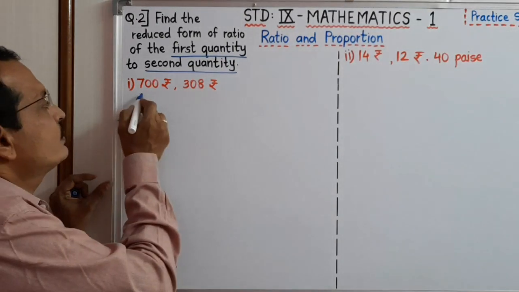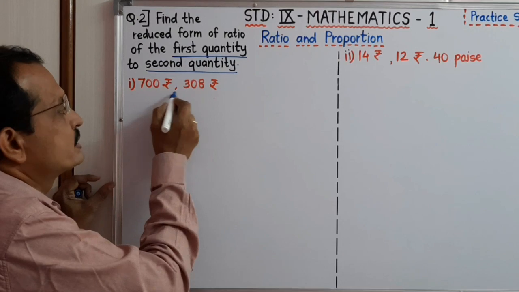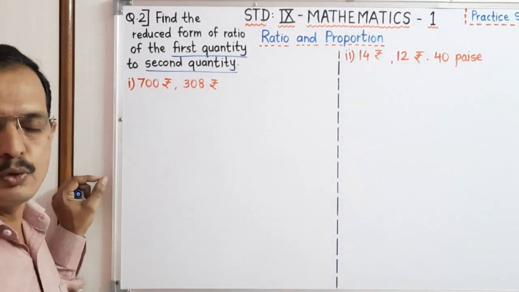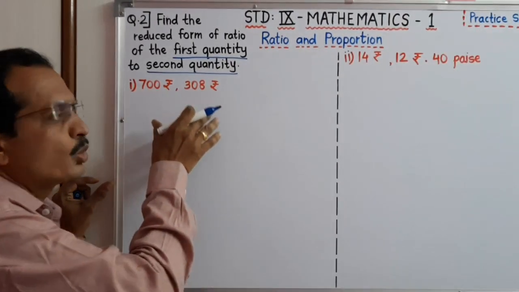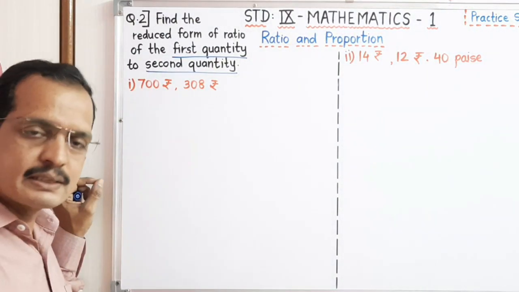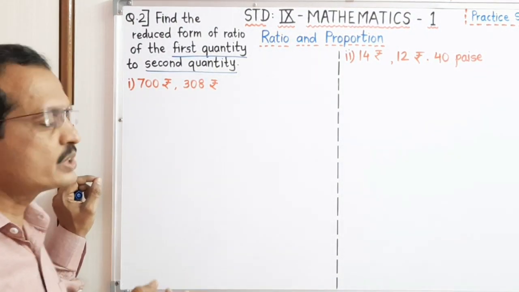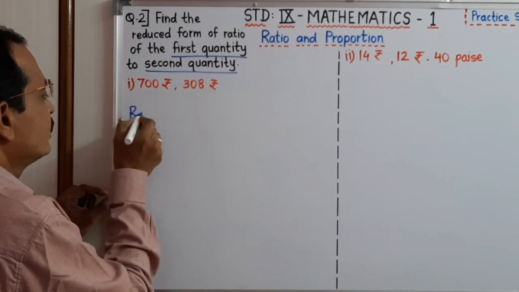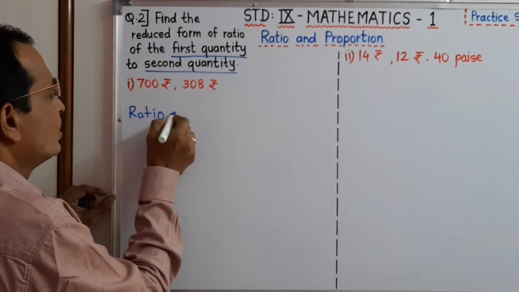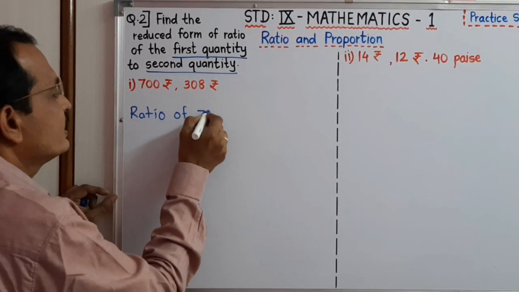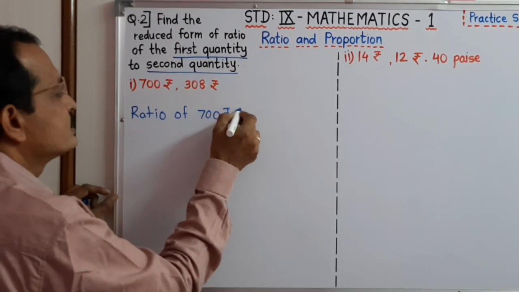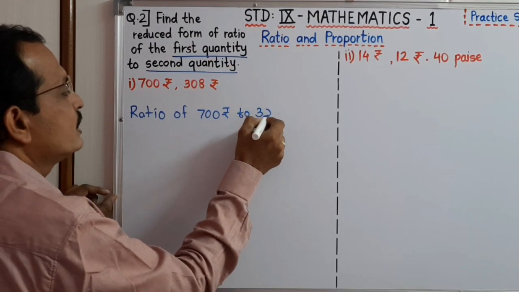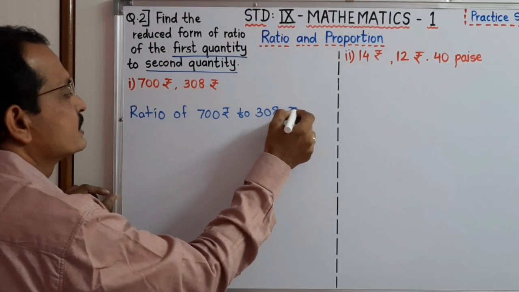Here the first sum is given: 700 rupees to 308 rupees. In this sum, both quantities are in the same unit, therefore no conversion is there, so we can directly solve. We have to find out the ratio of 700 rupees to 308 rupees.